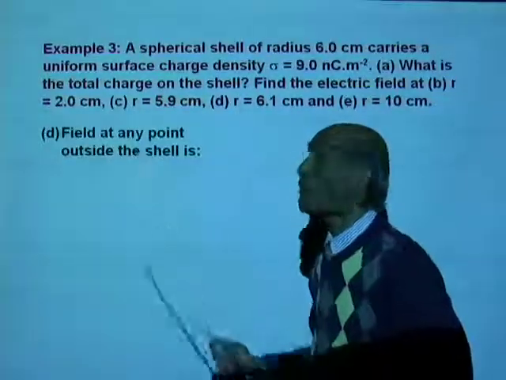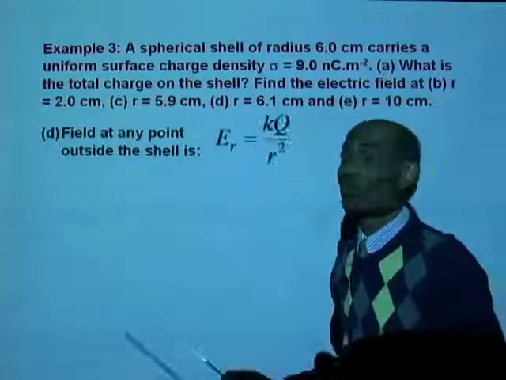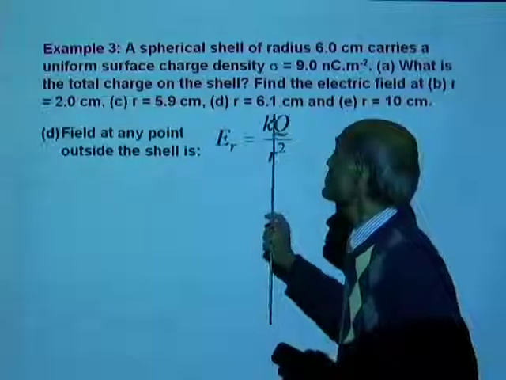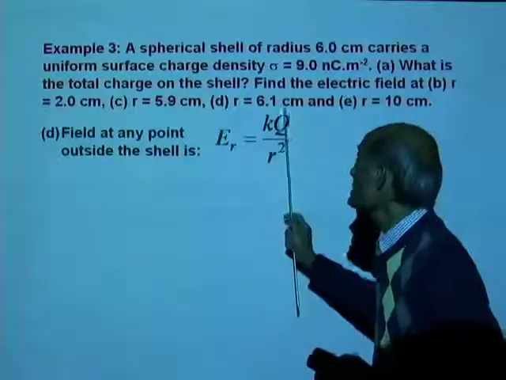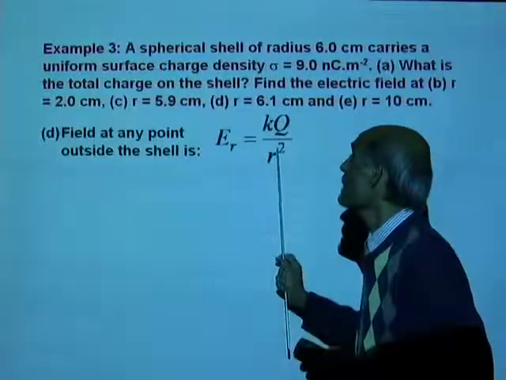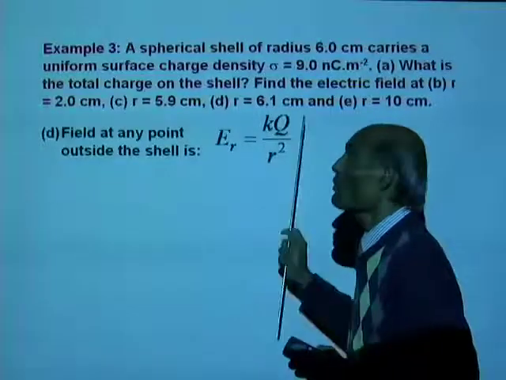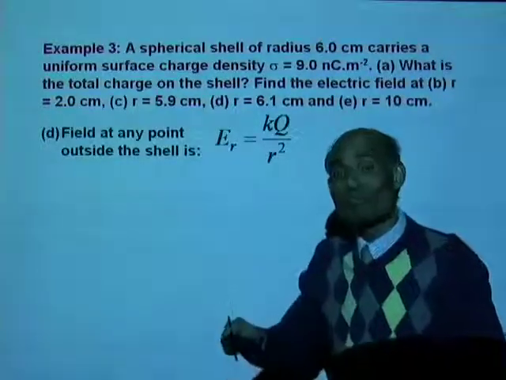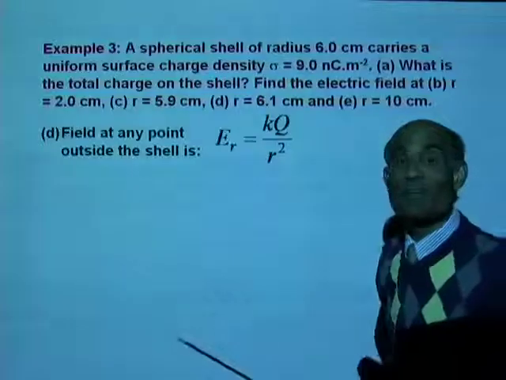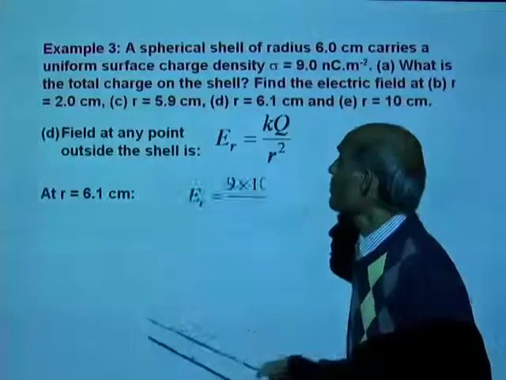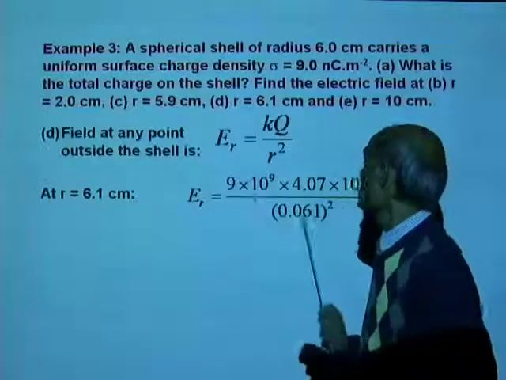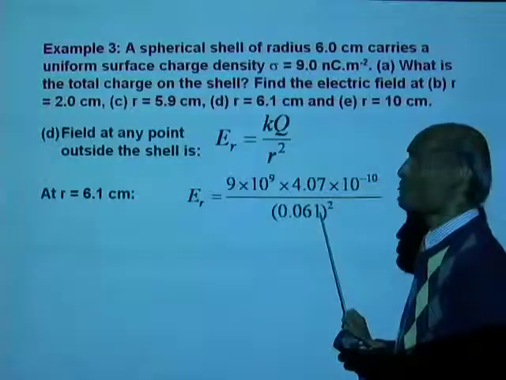Field at any point outside the shell will be E equal to kQ over r squared. We just calculated Q, we know it. r is 6.1 centimeter, 0.061 meter.